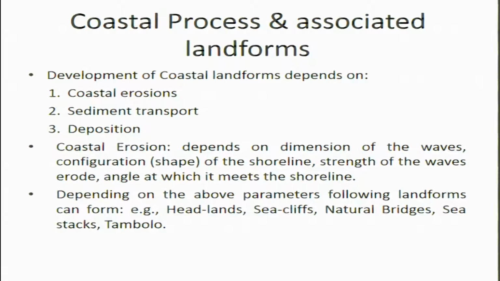Coastal erosion mainly depends on the dimension of waves, how high the waves are and what the tidal range is in that area, and the configuration of the shoreline, that is the morphology of the shoreline, will also play an important role, because not everywhere will you see similar landforms formed. It will vary. Somewhere you will see cliffs along the coastline. Somewhere you won't see that.